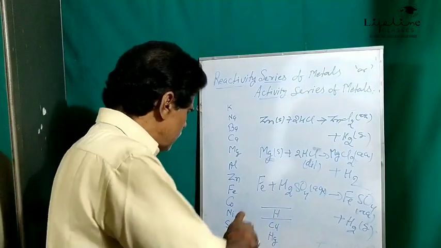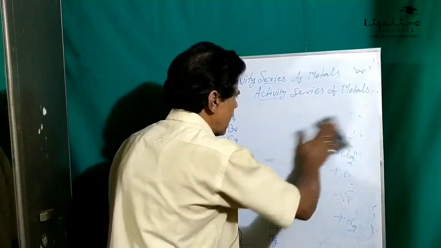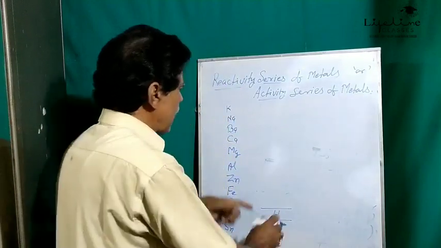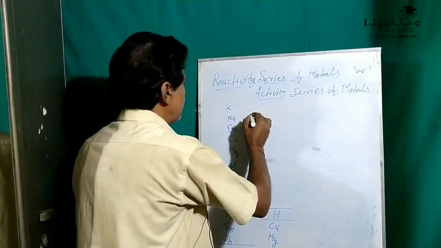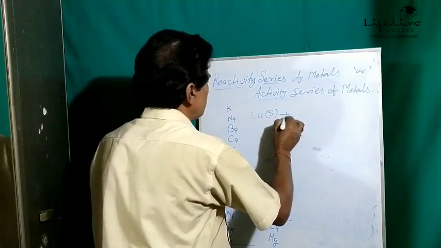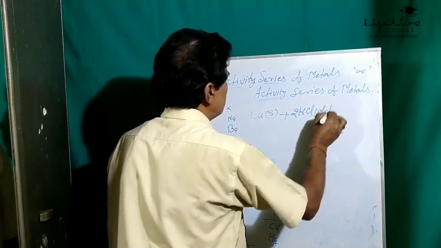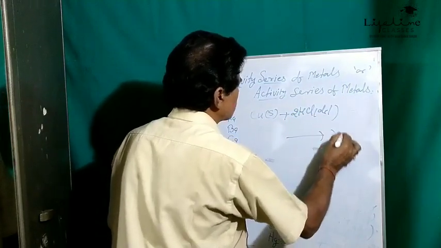But if we write the reaction of the metals lying below hydrogen, just like when copper is added to dilute hydrochloric acid, no reaction takes place.